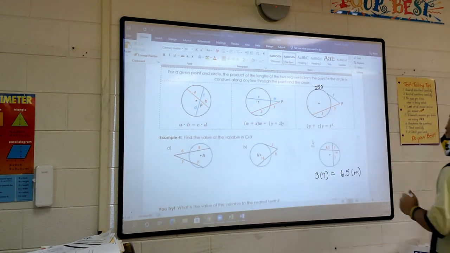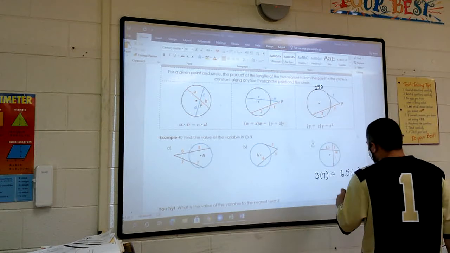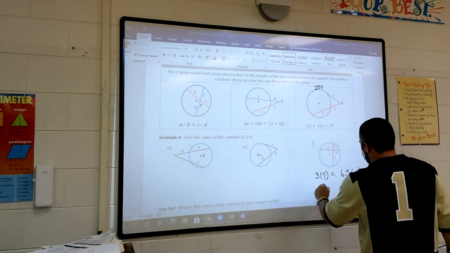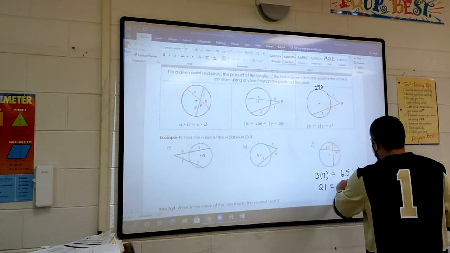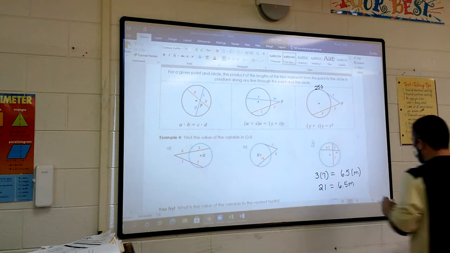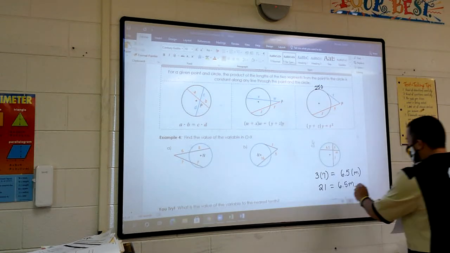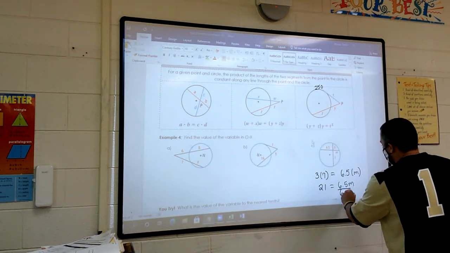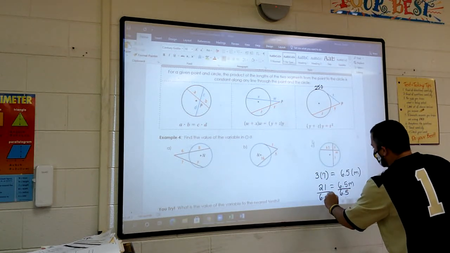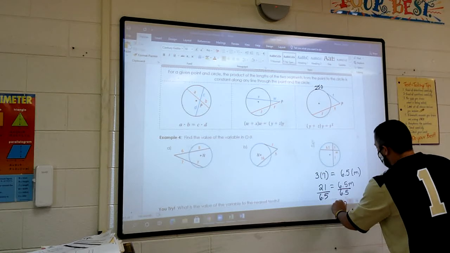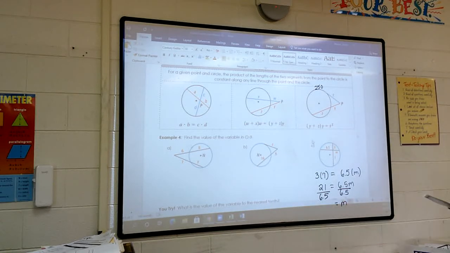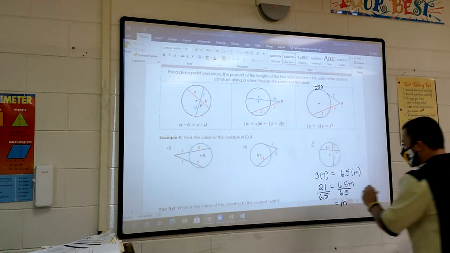So 3 times 7 is 21. That equals 6.5 M. And it's okay to get fractions or decimals and stuff now. We're going to get a bunch of decimals here in just a minute. But when you divide by 6.5, you are going to get a decimal. 21 divided by 6.5 gives you about 3.2.